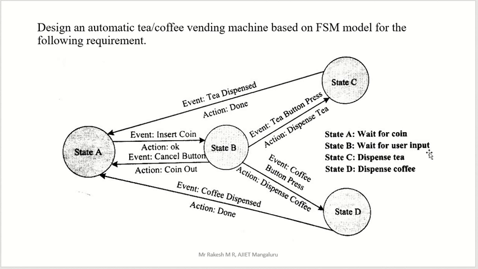Consider you are going to some railway station or airport. There we have a tea coffee vending machine. In that machine you can choose whichever you want, tea or coffee, and you will get that, but you have to pay. How much you have to pay is decided by the machine itself. Initially we have the display there showing how much you have to pay.